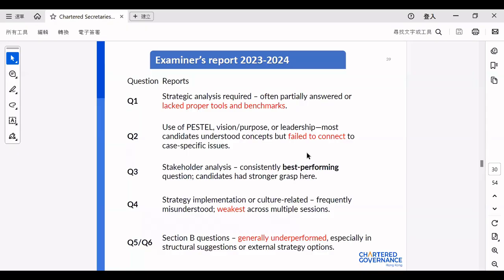A partial answer, as I've explained, is because you don't know the topic, and lacking proper tools means you don't know how to apply. Application is very important in this subject. You need to apply those techniques and rules to your problem. If you cannot choose the appropriate tools, you will be in a very difficult situation.